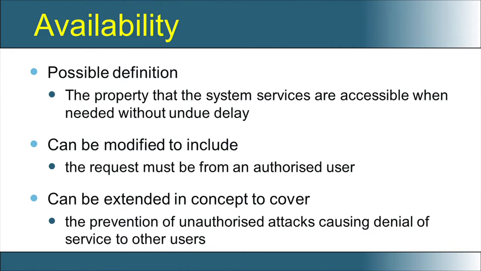So availability means for an authorized user, the system services, the information assets should be accessible when needed without undue delay, and prevention of unauthorized attacks which can cause denial of service to other users. So we have been using this word denial of service. What do we mean by denial of service?